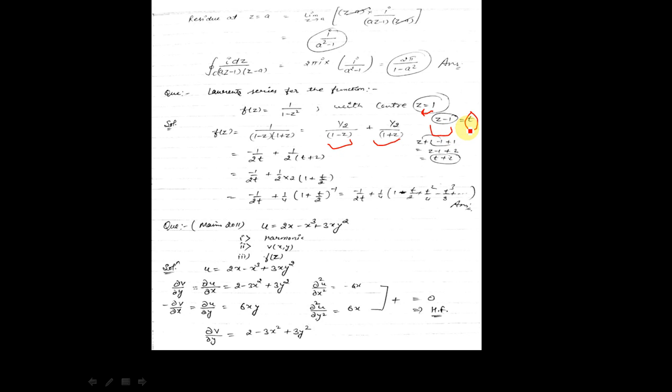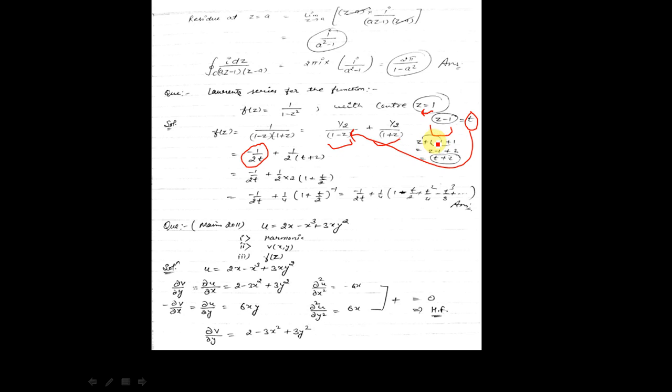And for 1 plus z, we have to make it in terms of z minus 1, and we have z plus 1, so just add minus 1 and plus 1. Take z minus 1 at one place, and 1 plus 1 becomes 2.